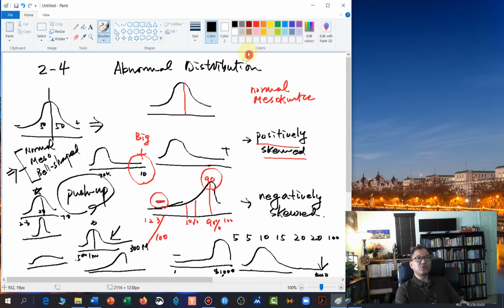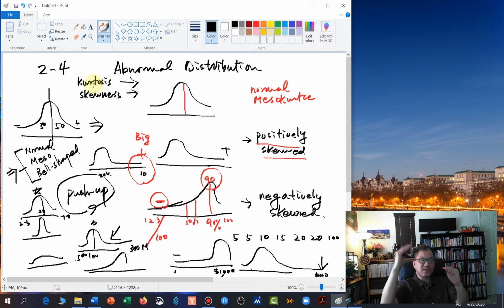So concept number 2-4 has two terms that you need to remember: kurtosis and skewness. Kurtosis means how high is the distribution. Skewness is how numbers are distributed to the right or left, stretched out.